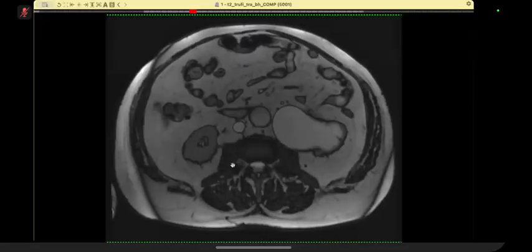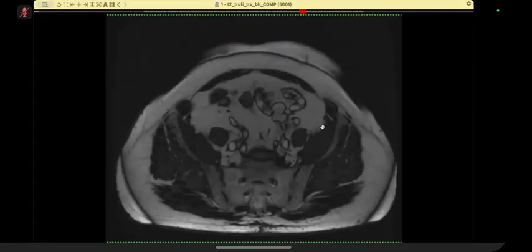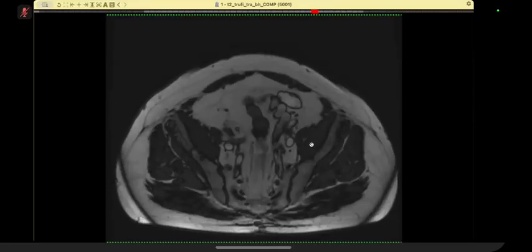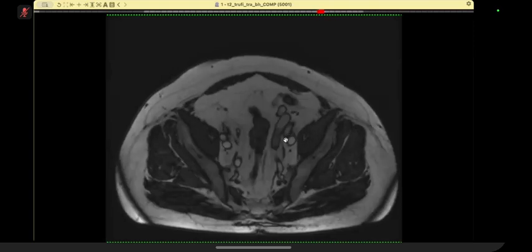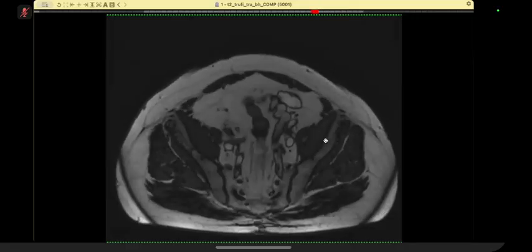So this is basically grade 4 hydronephrosis of the left kidney with cortical thinning, with a tortuous and dilated ureter, with some isointense to hyperintense signal intensity noted in the distal part of the ureter, filling the lumen completely, blocking the ureter, and leading to obstructive uropathy on the left side.